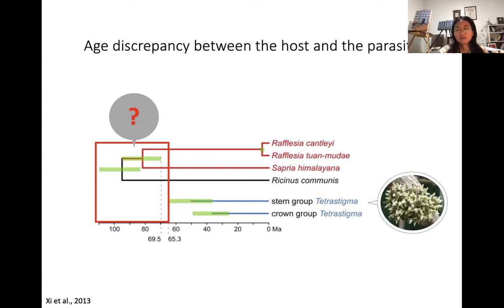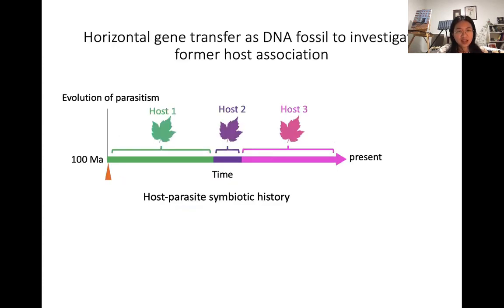The most parsimonious explanation would be that the ancestor of the parasite was associated with a different host lineage in the past. And to demonstrate that, we can again use horizontal gene transfer.